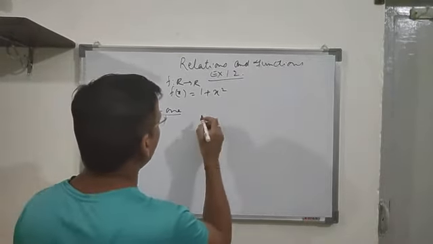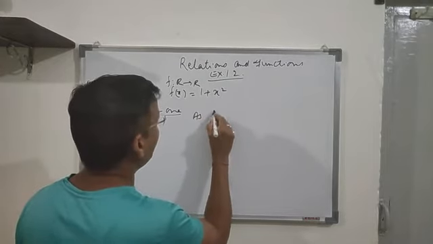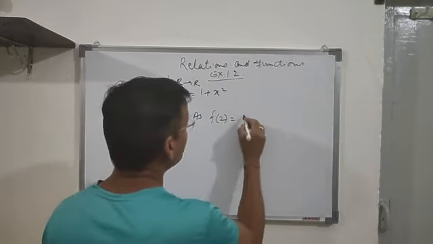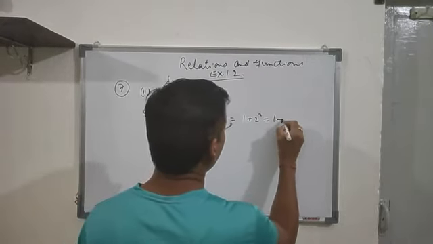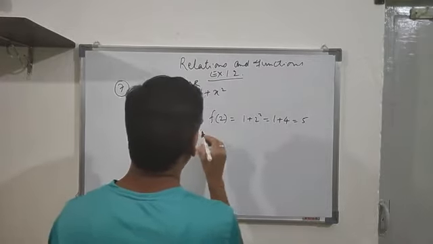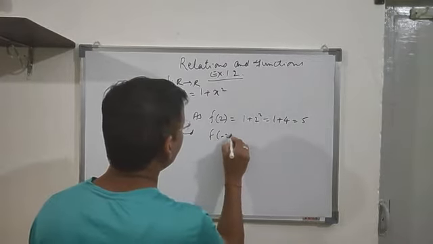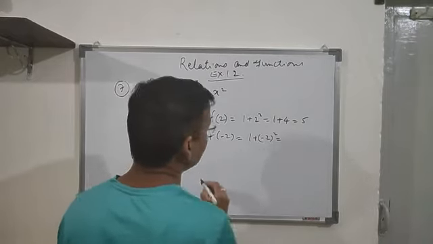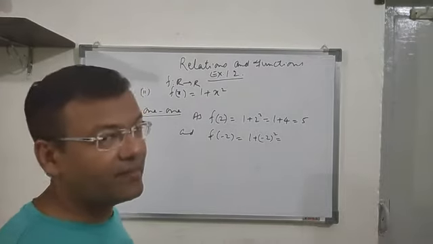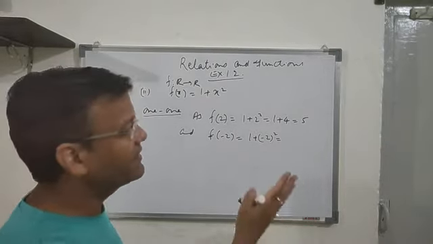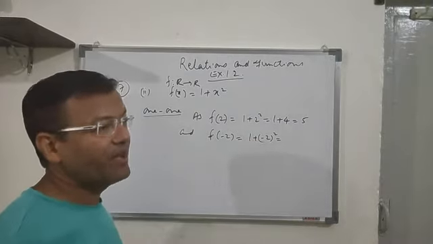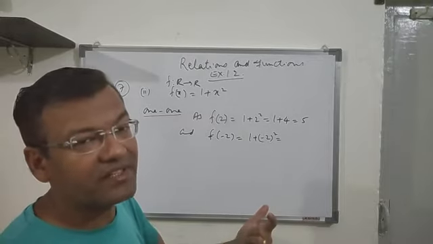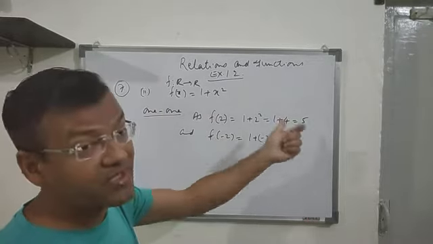So let's take two values. You can write this example here: f(2) equals 1 plus 2 square equals 1 plus 4, that is 5, and f(minus 2) is 1 plus minus 2 square, because our purpose is to show that two different elements have the same images. This violates the definition of a 1-1 function, which says that two different elements must have different images. Otherwise, if two different elements have the same image, it is not a 1-1 function.